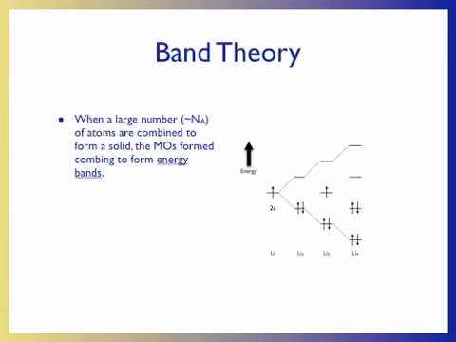This would continue as we keep adding atoms into our molecule. Eventually, we would end up with a group of low energy orbitals that are very, very close in energy. So close in energy that they form a continuum, or band, as shown in the picture.